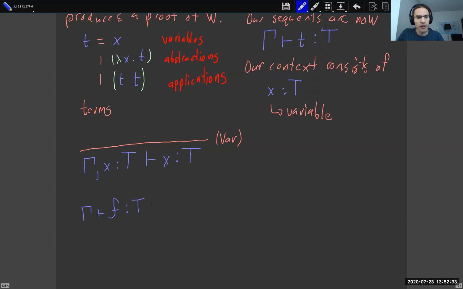Now, f here is a metavariable standing for any lambda calculus term. So it doesn't necessarily have to be a variable. And then suppose also in context gamma, I know that a, again, this is some term, is a proof of t.